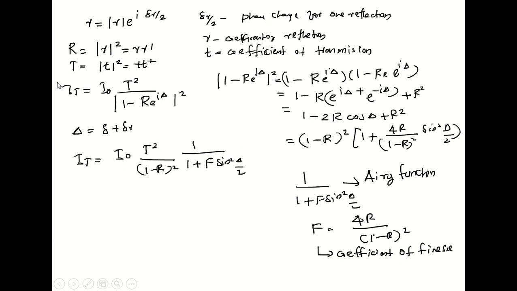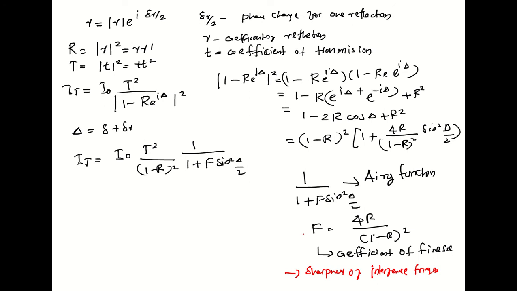So here we identified a value called the coefficient of fineness, which is the measure of the sharpness of interference fringes. So F denotes the coefficient of fineness, which is the measure of the sharpness of the interference fringes.